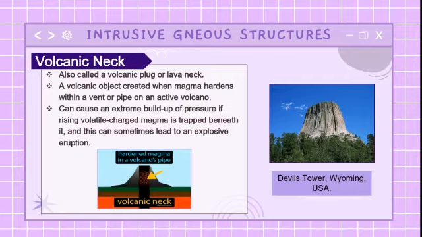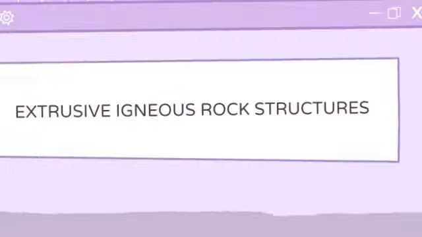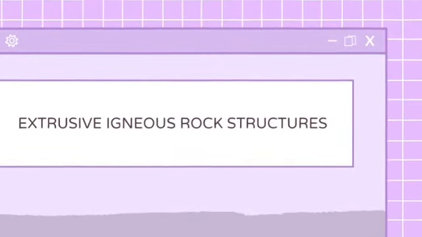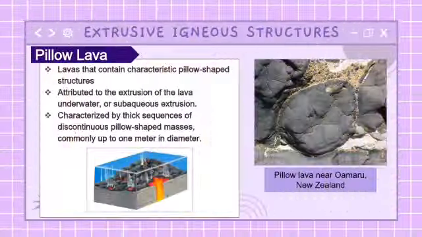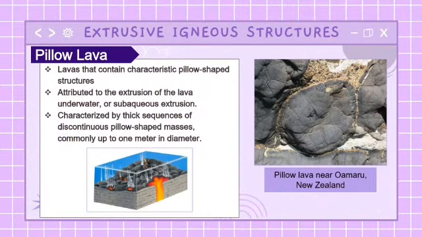Now, let's go to the extrusive igneous structures. The first one is pillow lava. So pillow lavas, pillow lava or pillow structure. So these structures are observed in certain extrusive igneous rocks. It's characterized by discontinuous pillow-shaped masses ranging in size from a few centimeters to a meter or more in the greatest dimension, commonly between 30 centimeters and 60 centimeters.